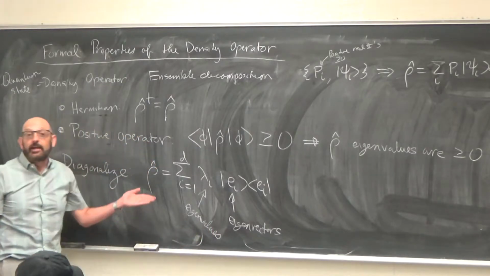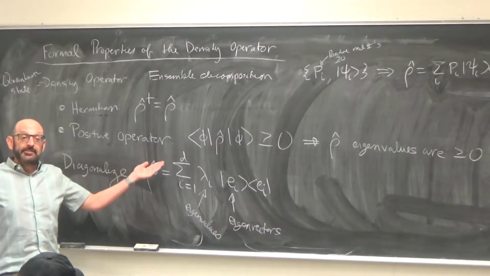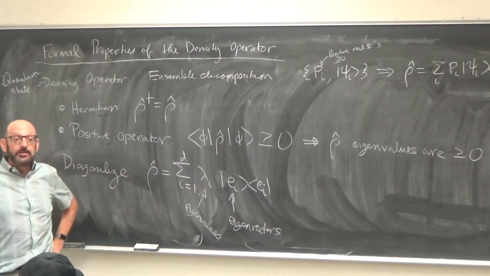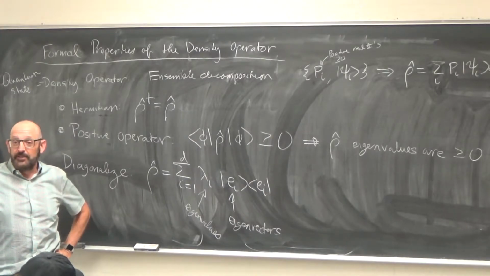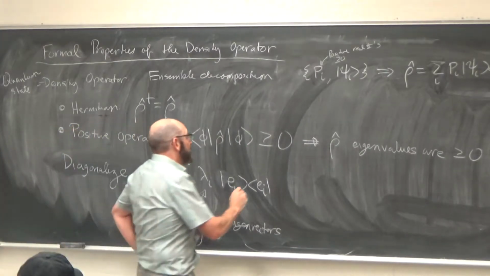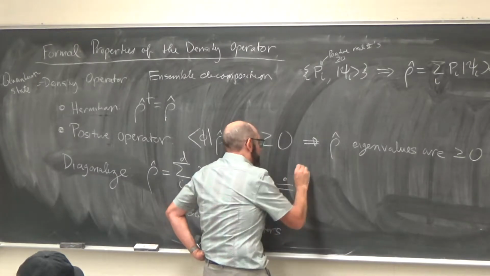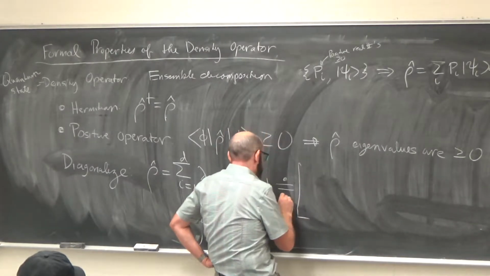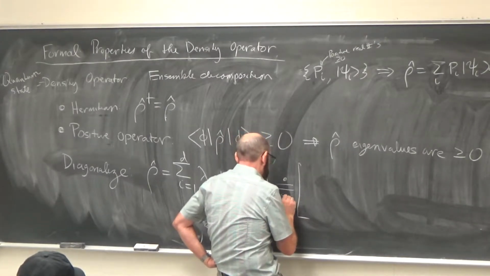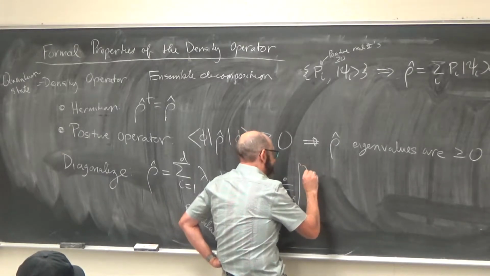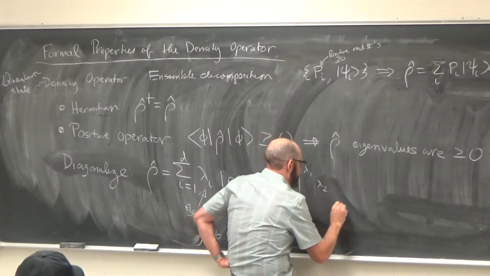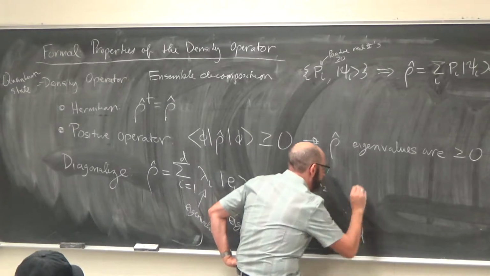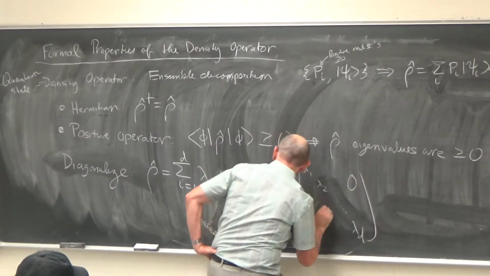Because I can always write any operator in the basis of its eigenvectors, and it's a diagonal matrix. This operator in this basis is diagonal, and D is the dimension of the Hilbert space of interest.